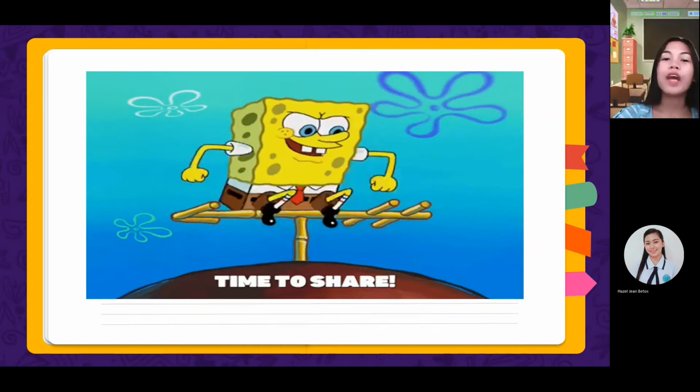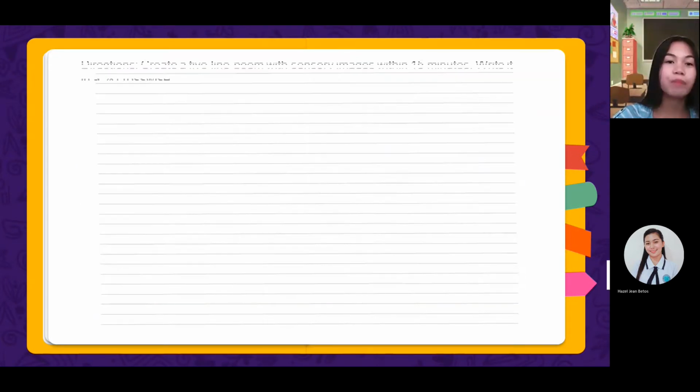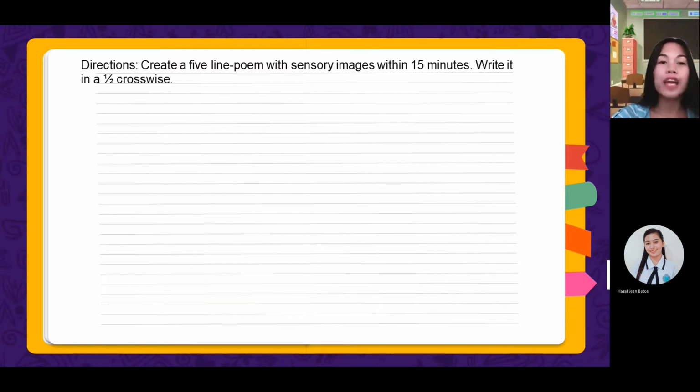So I have to evaluate you. So we have this evaluation. You have to create a 5-line poem with sensory images within 15 minutes, class. Write it in a half crosswise. Is that okay? All right. After you're done making the 5-line poem, you have to send it in our general chat box.